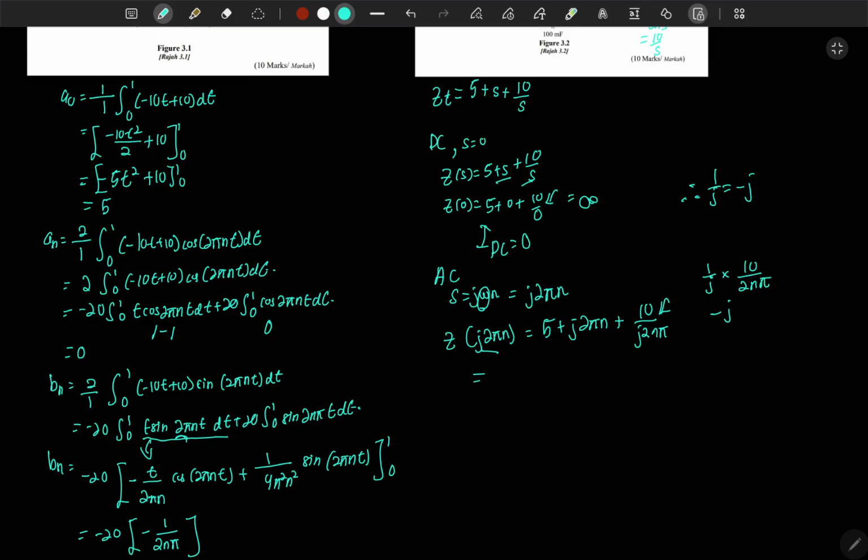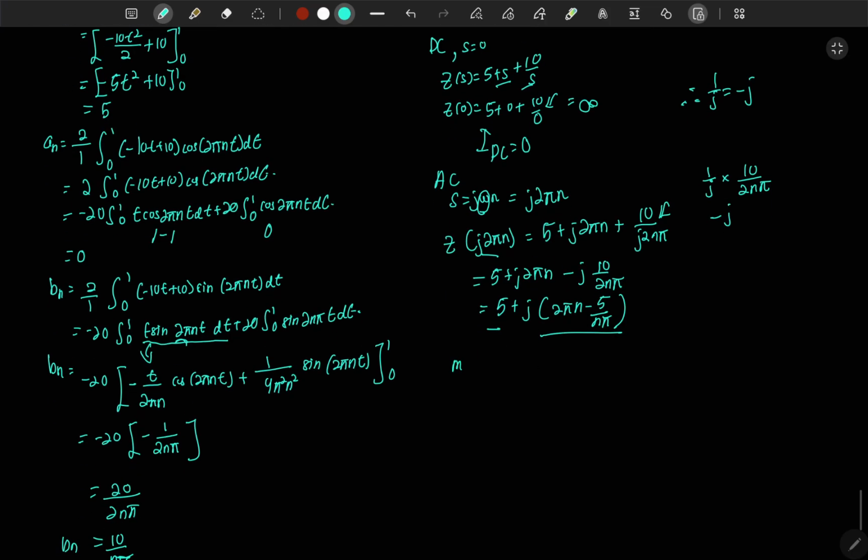Now this equation can be simplified to this form. If we do the calculation correctly, we will get this form. Technically you are grouping the imaginary part and the real part.